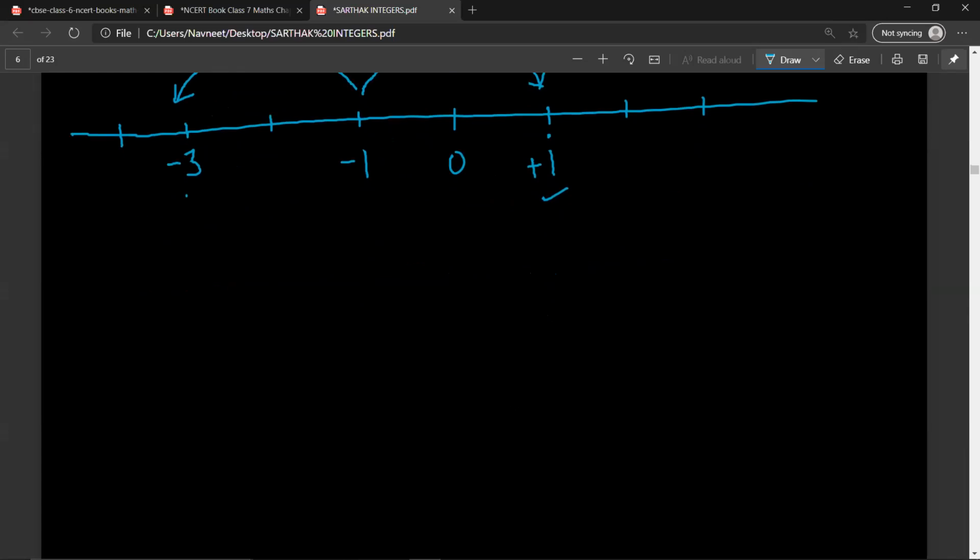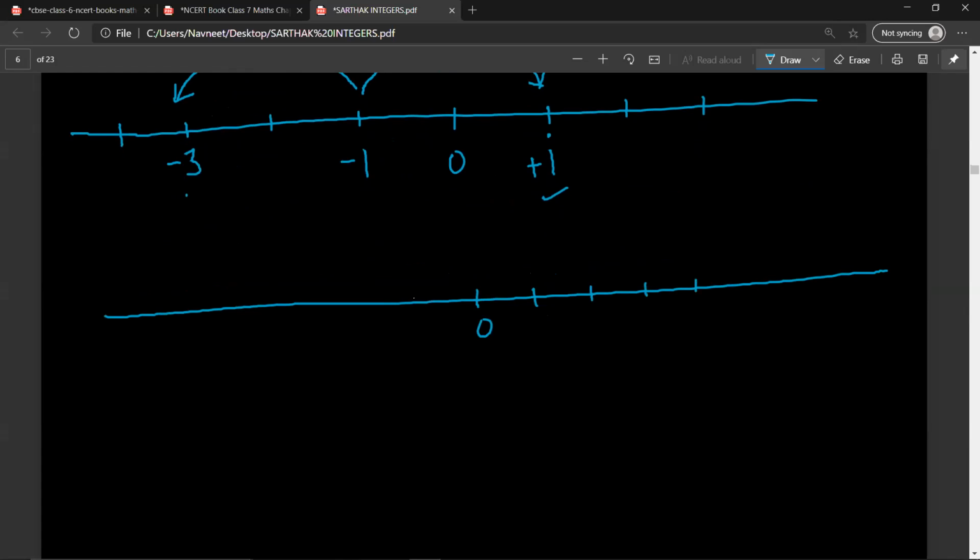Yes, sir. Let's take another example. Let us say I'm at -3 and I reach here. This is 4 right and this is 4 left.